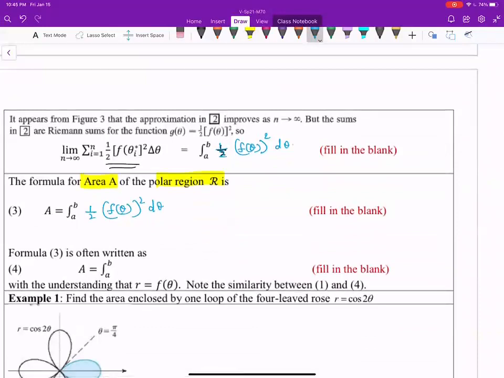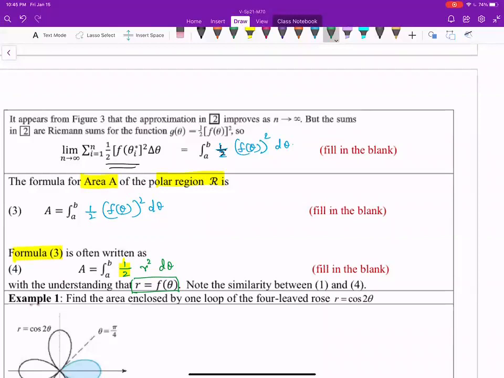The easy way to remember this is that it is often written as A equal to integral a to b of half r square d theta. The understanding here is r equal to f of theta, which is the polar graph.